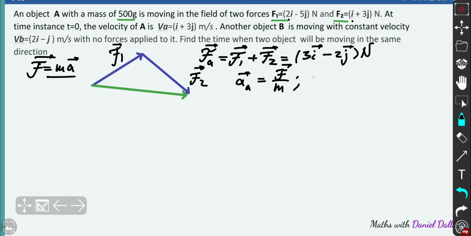In our case, the mass we need to convert into SI units, so 0.5 kilograms, and we can divide the components by 0.5. Because we divide by 1/2, we just flip it over, and that's why we have the following components: 6i and negative 2 times 2 for j.